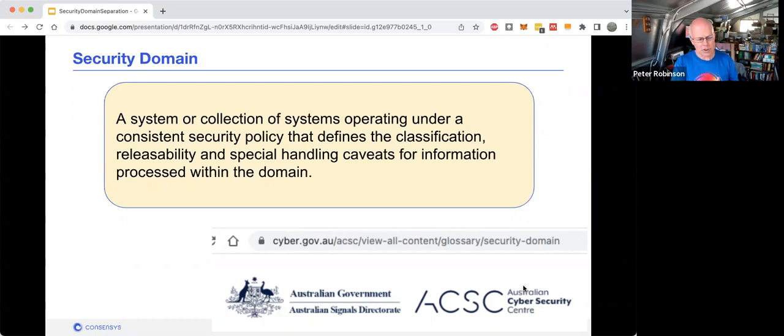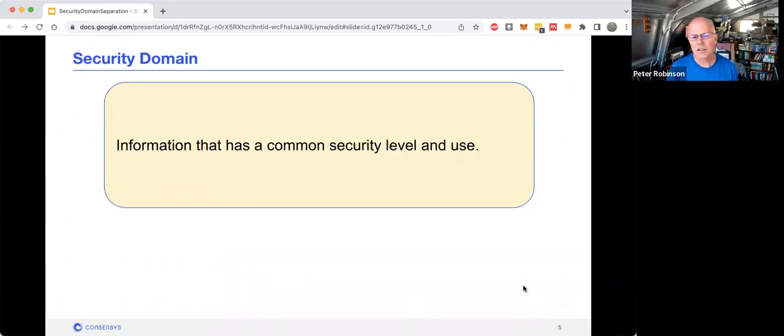And so you're trying to have the handling of that type of information consistent across the domain. That's the common definition, and it's really where the term comes from, though I dare say that the term's been around for decades.